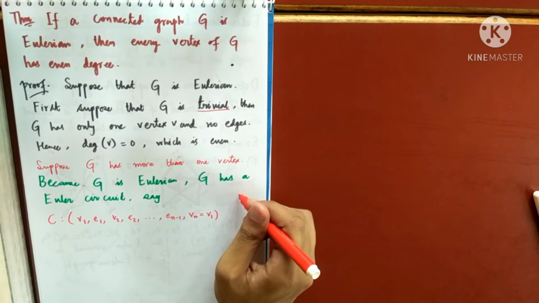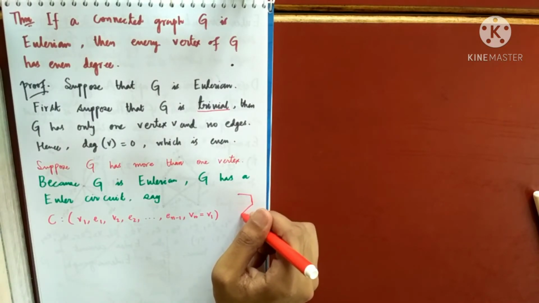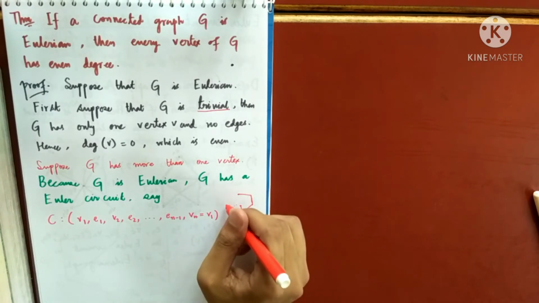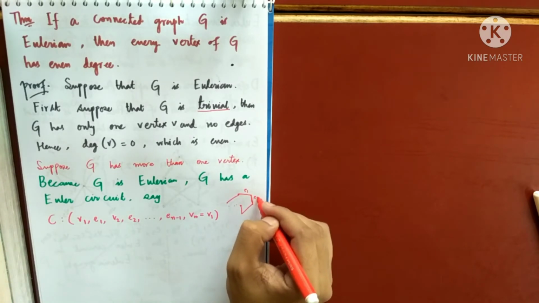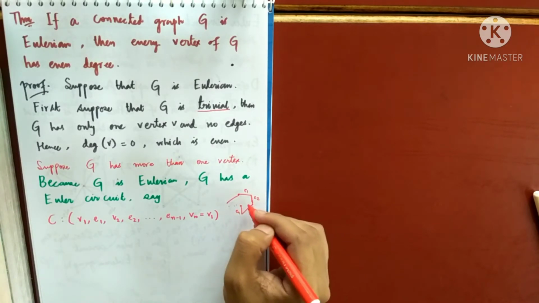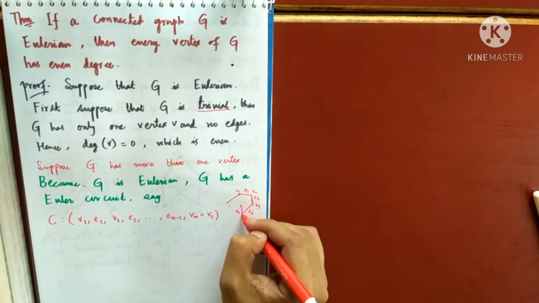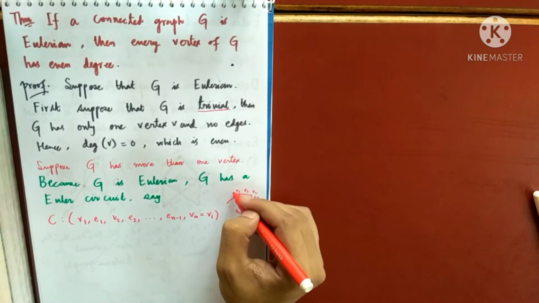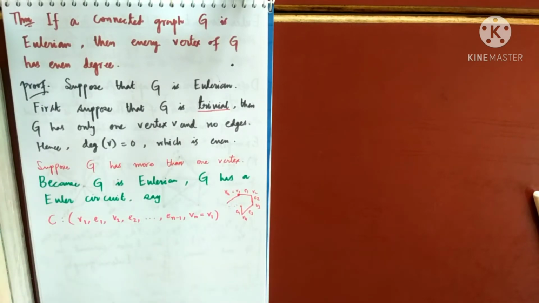I will go something like this, and we reach here. This is my E1, E2, E3, E4, and this is V1, V2, V3, V4, dot dot dot, and again this is same as Vn. Vn is same as V1. Am I clear up to here?